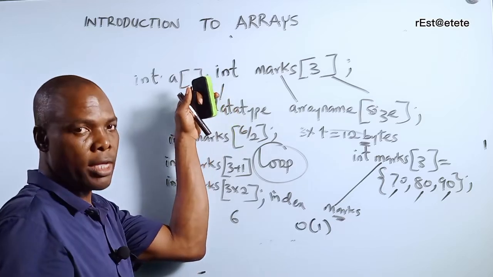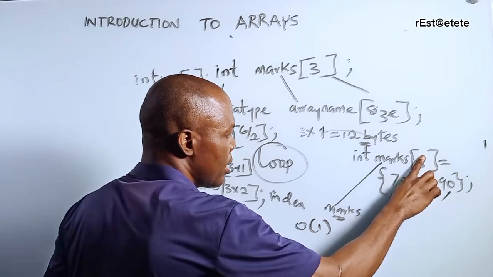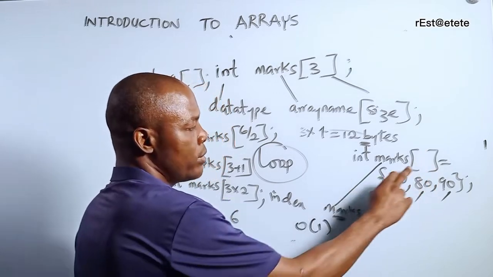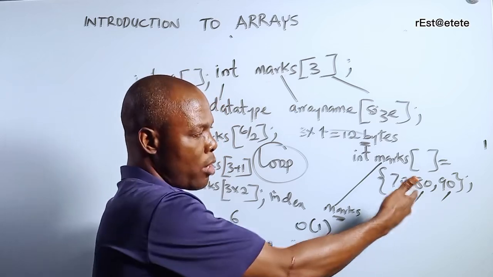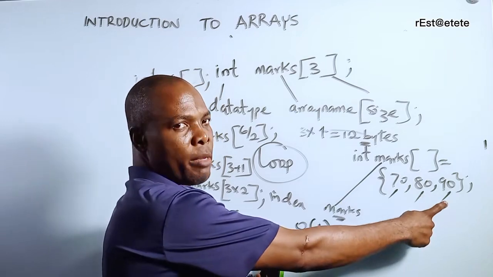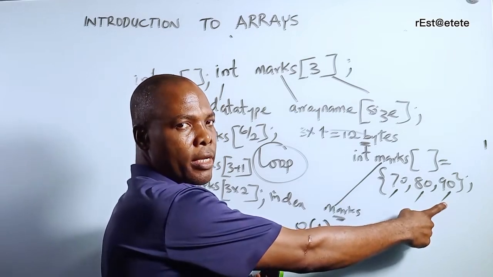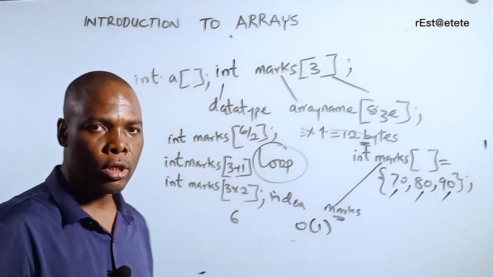So this is not acceptable, except you declare it this way and then you initialize it. With this, the compiler will still know that I'm using an integer and I have only 3 elements in the array. So that is what I want to show you in this class, an introduction to an array.